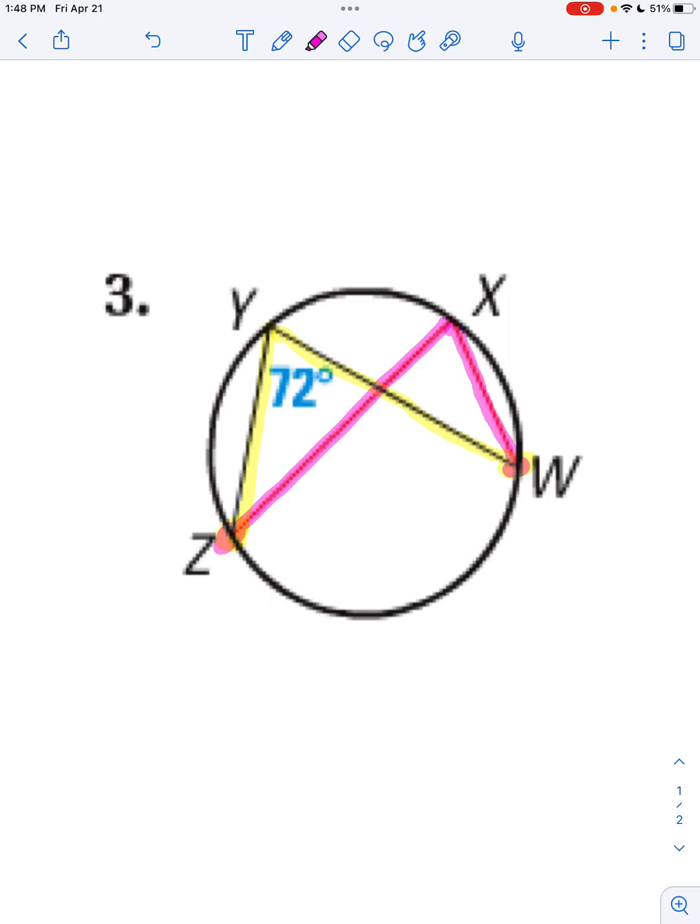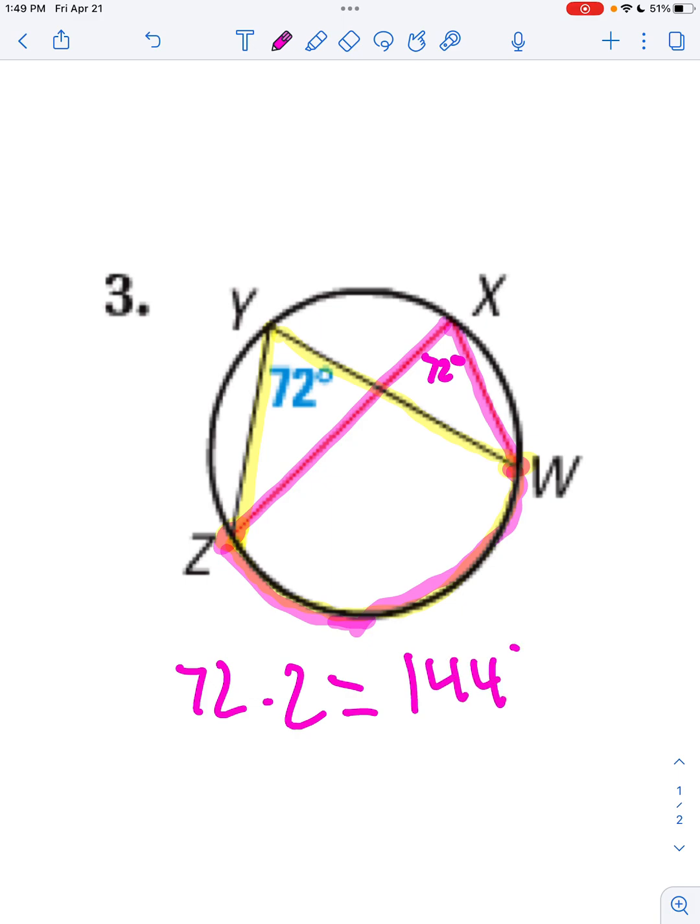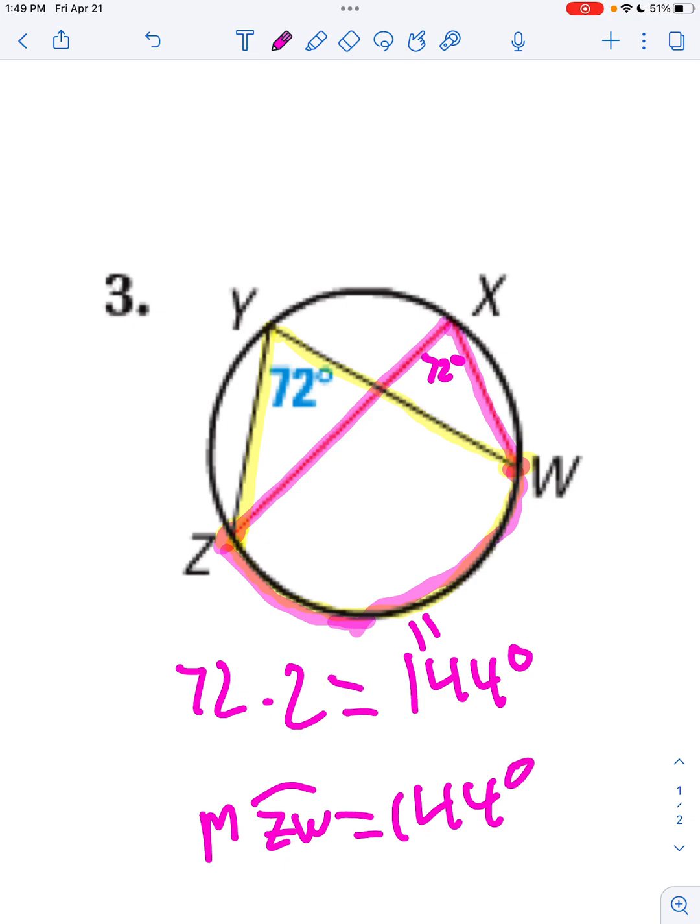Because my inscribed angle has the same endpoints, it creates the exact same arc, so these two things are going to be equal to each other. If this is 72, I take my angle and multiply it by 2, and I get 144 degrees for my arc. The measure of arc ZW equals 144.